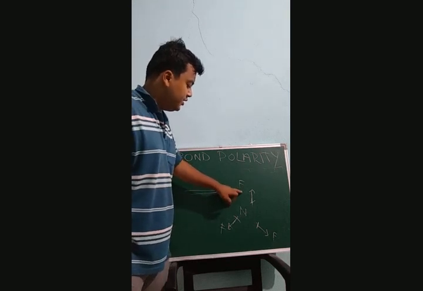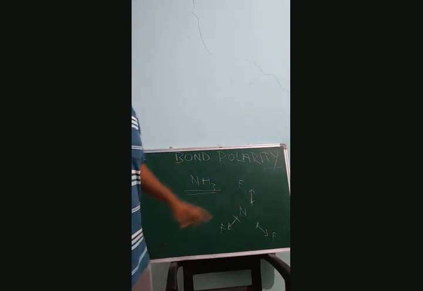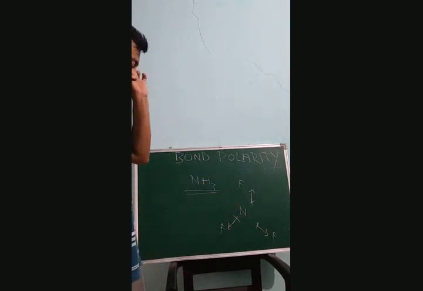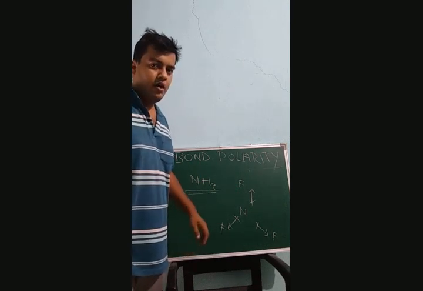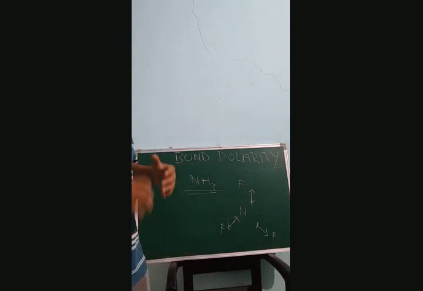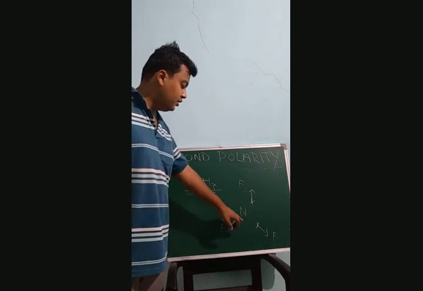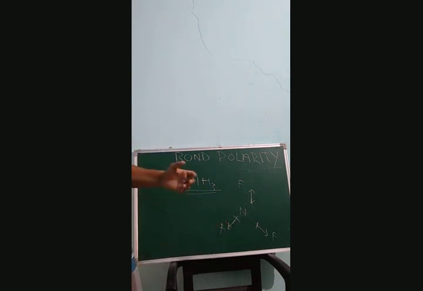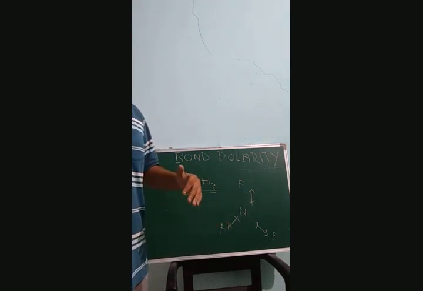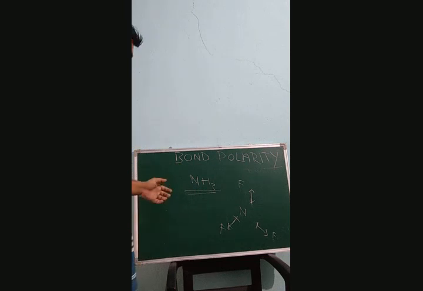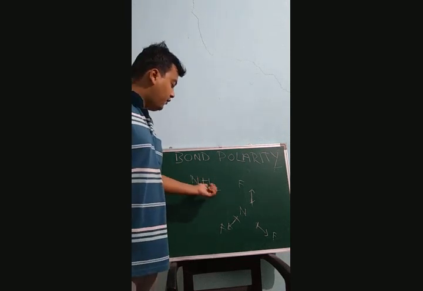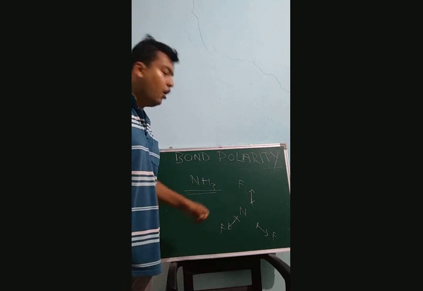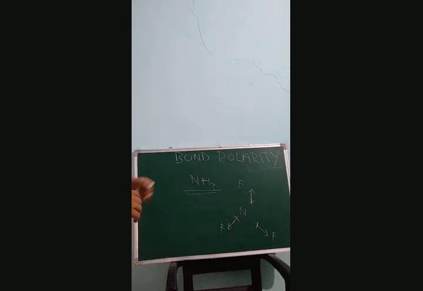But in case of NH3, the direction is towards the nitrogen atom. So the net dipole moment is not zero because all the dipole moments are actually in the same direction. But in NF3, the dipole moments are in opposite direction. In case of NH3, all the dipole moments are in the same direction. That's why the dipole moment of NH3 will be more, or you can say not zero, as in case of NF3.